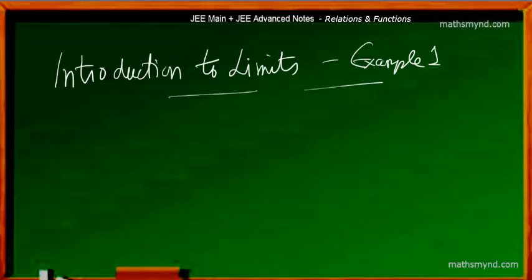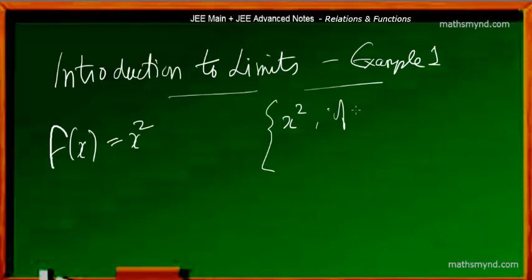So now let's look at what limits are, and let's first take the example of the previous video, the case dealing with the square function. f of x is equal to x squared, and there was an interesting condition here such that f of x is x squared if x is an element of real numbers.